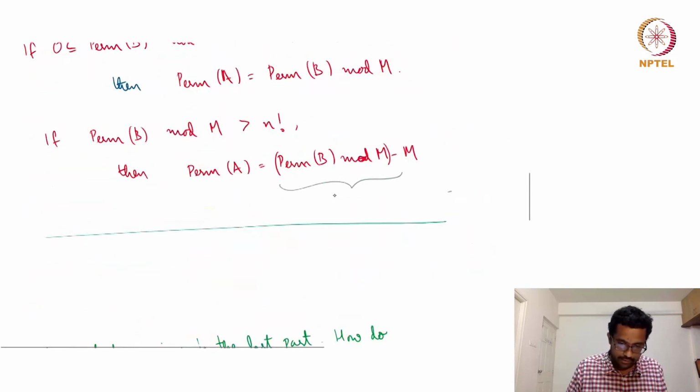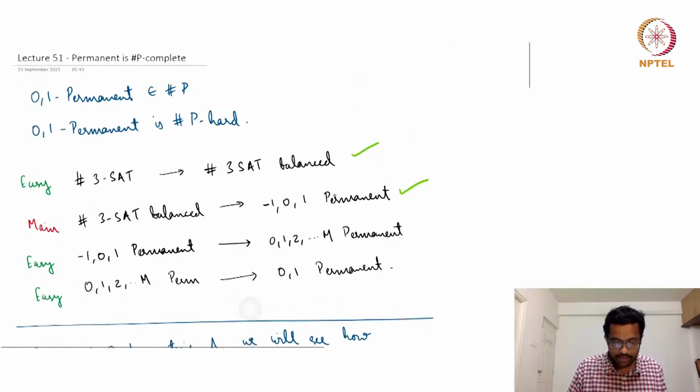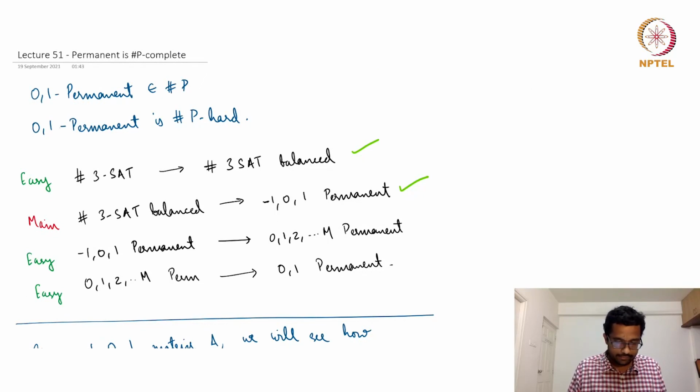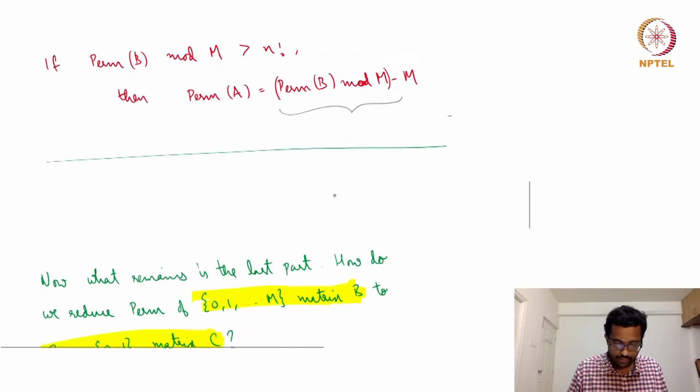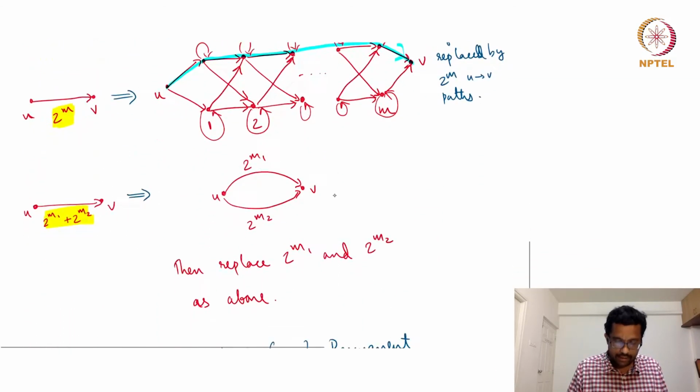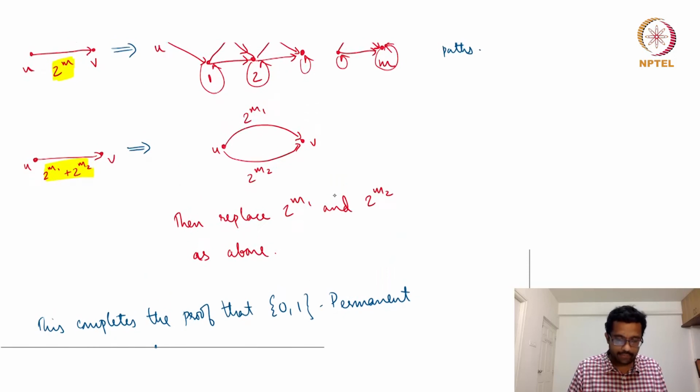So that is the last part that we had left. That completes the proof that the 0 1 permanent is Sharp-P complete. So even the permanent, restricted to 0 1 values, is Sharp-P complete. This is Valiant's theorem from 1979.